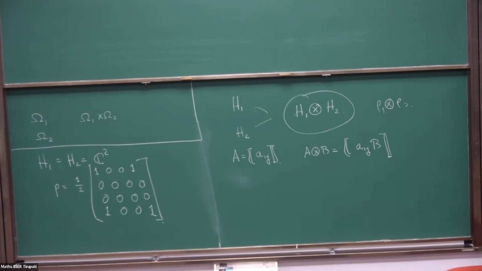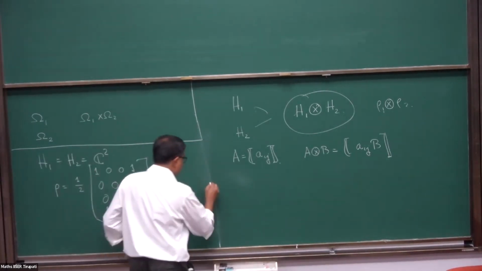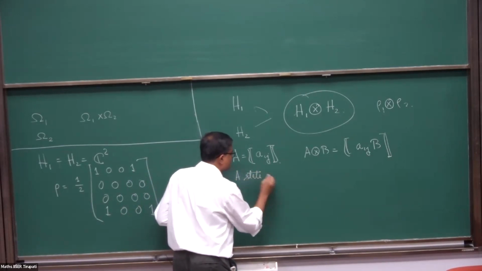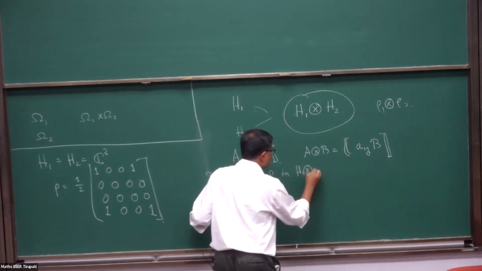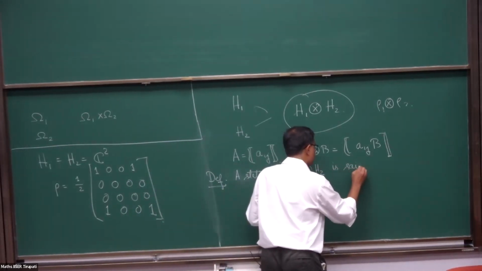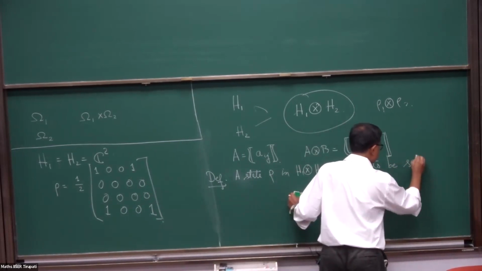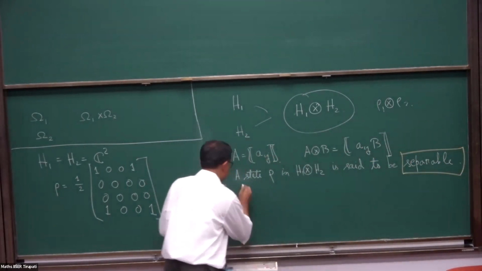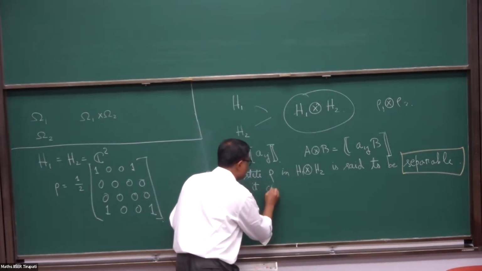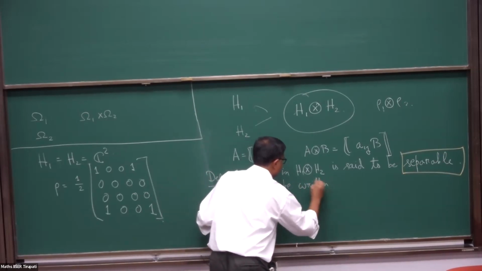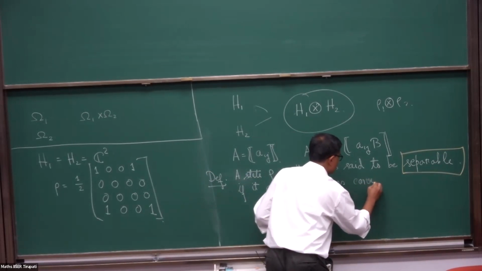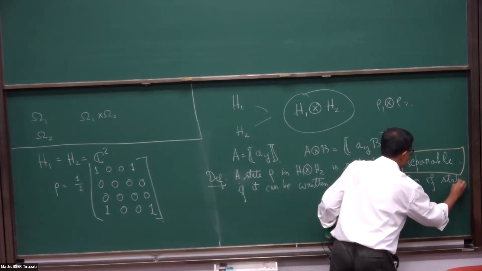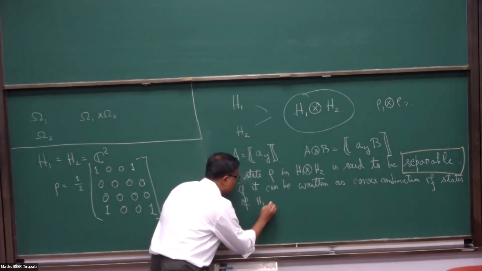So, that means I need some kind of naming here. A definition: a state rho in H 1 tensor H 2 is said to be separable if it can be written as a convex combination of states of H 1 and H 2.